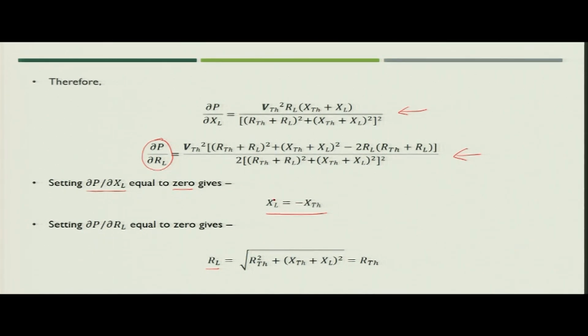Now, if you put XL equal to minus XTH in this expression, you can simplify it and you get RL equal to RTH. So for the maximum power transfer condition, you have two conditions: XL should be equal to minus XTH and RL should be equal to RTH.